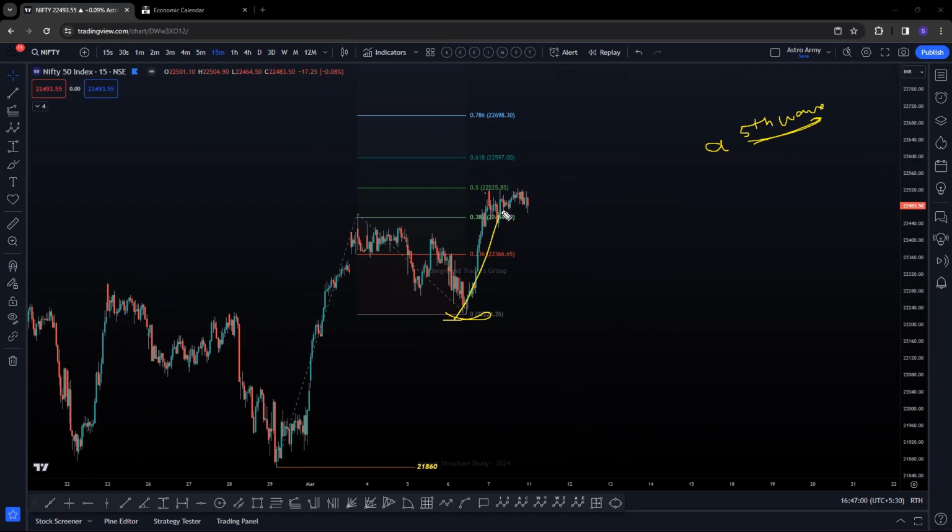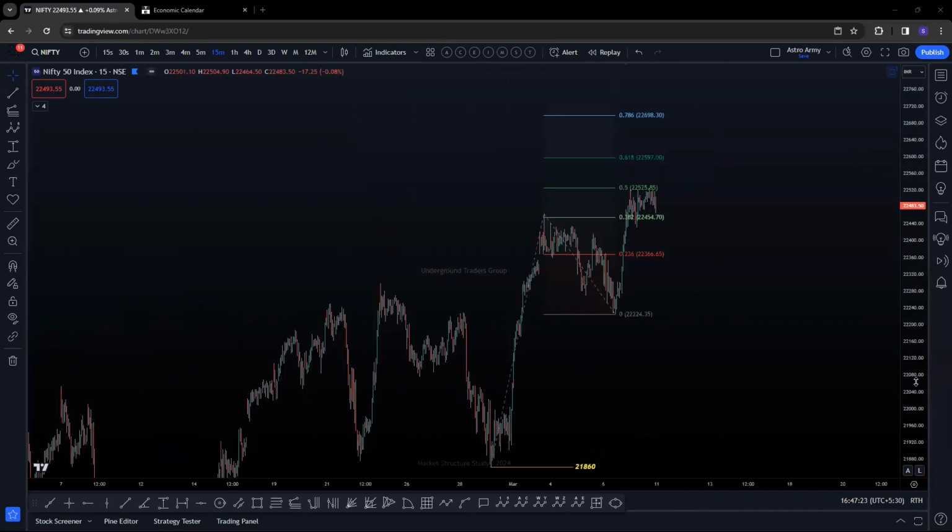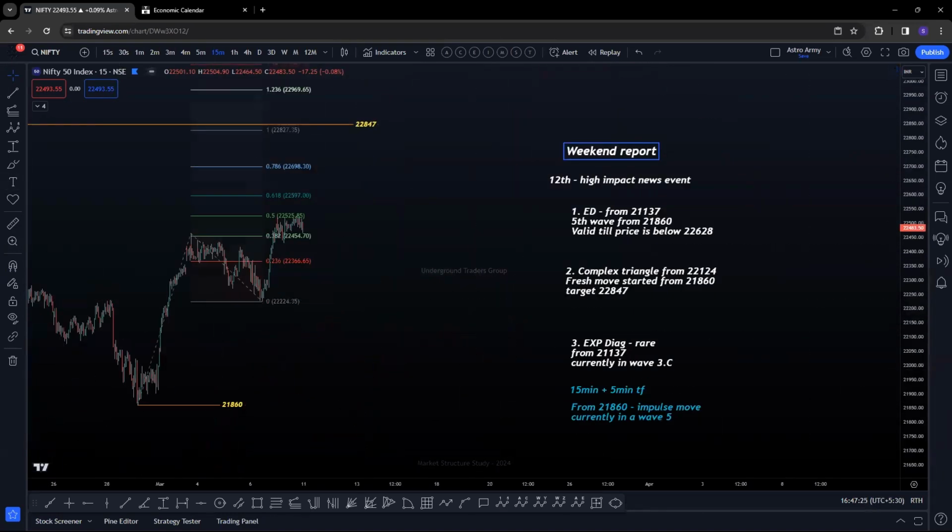If the market goes higher like this from here, and it does not cross your 627 or 28 level, and finishes this fifth wave, it is a simple short opportunity. Why? Because your ending diagonal contracting is still active.